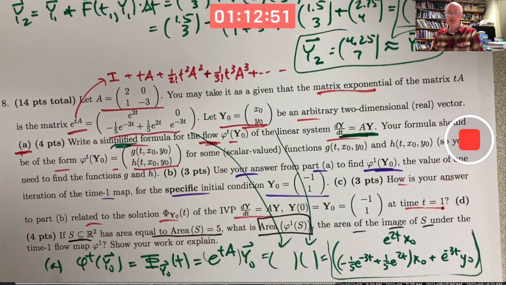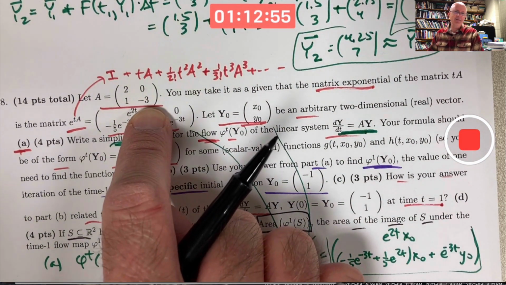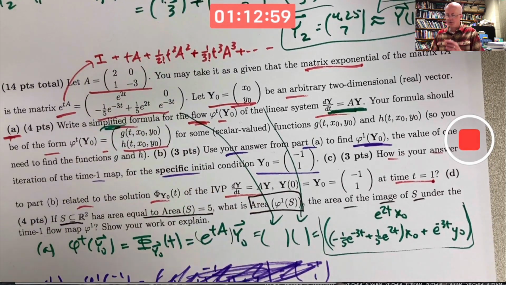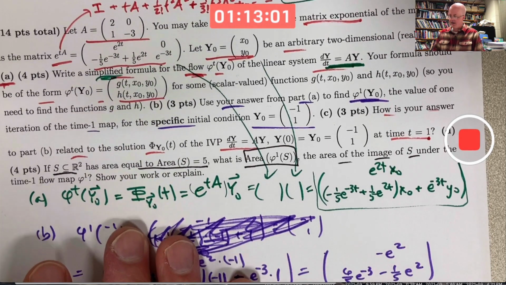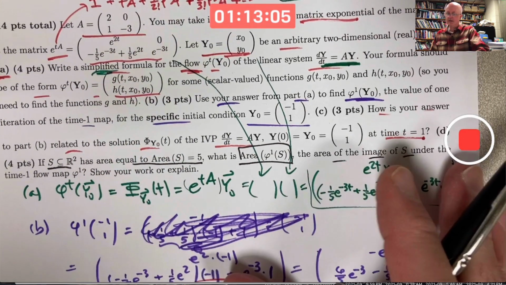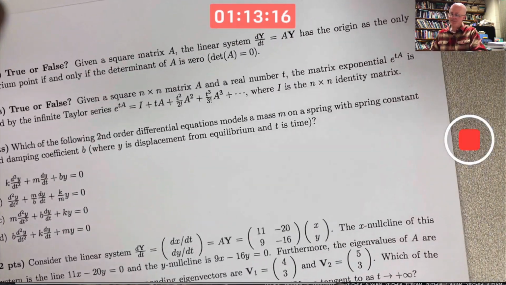It's a saddle point at the origin. So it's not obvious that it's going to contract areas, but the negative eigenvalue is further away from 0 than the positive one. So it has a stronger effect on areas when you're thinking about mapping points under the flow. If you don't know about matrix exponentials and flow maps, I guess you learned something a little bit there, but maybe you skipped ahead.